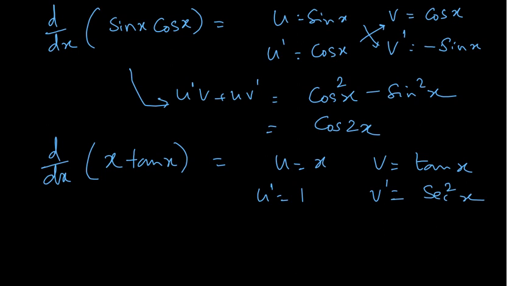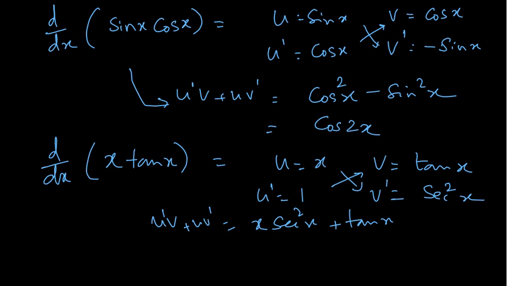Today I will help, but next time you must keep them in memory. So now u dash v plus uv dash is equal to x secant squared x plus tan x. This is the answer.